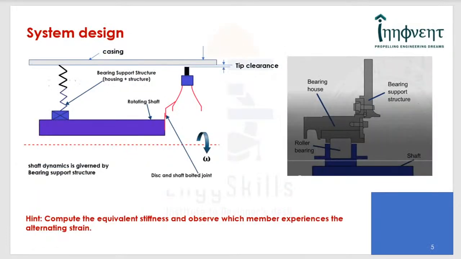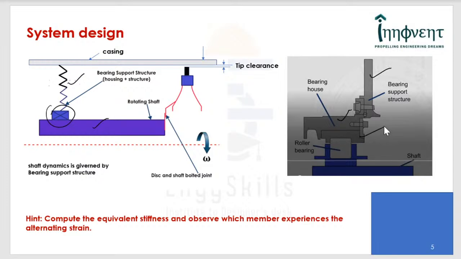Now here I have chosen a very interesting example, that of a bearing support structure. You can see in the figure there is a shaft, and there is a bearing, and you have the bearing support structure. You can see in this particular figure the details: you have the bearing housing, and then you have the bearing support structure, the bearing itself.